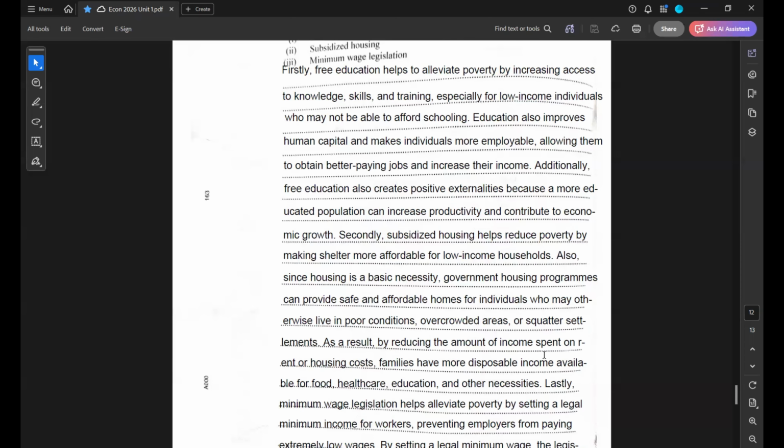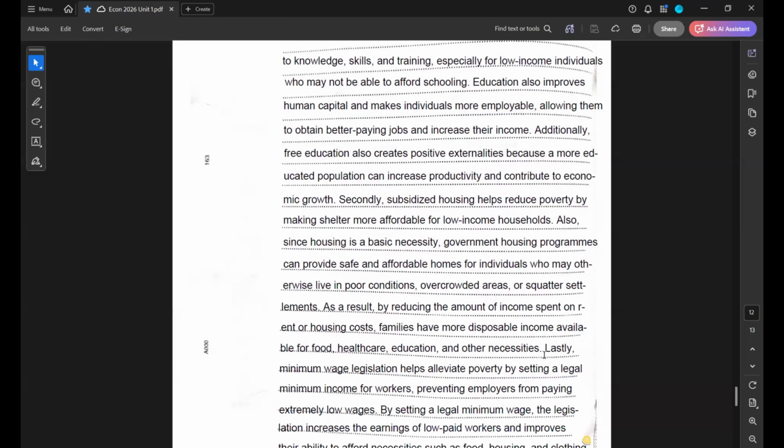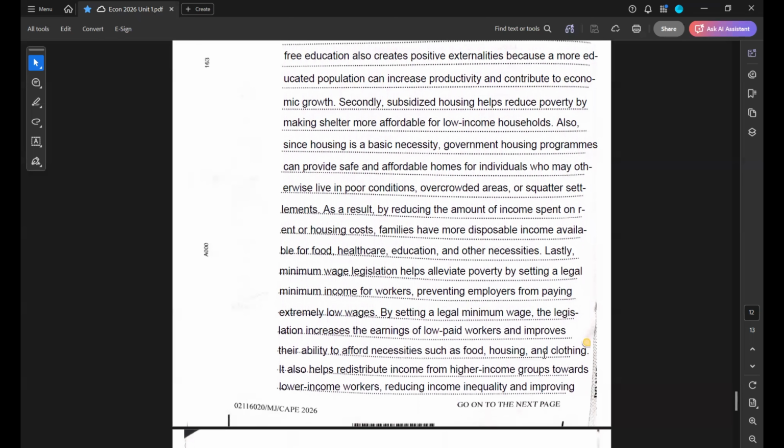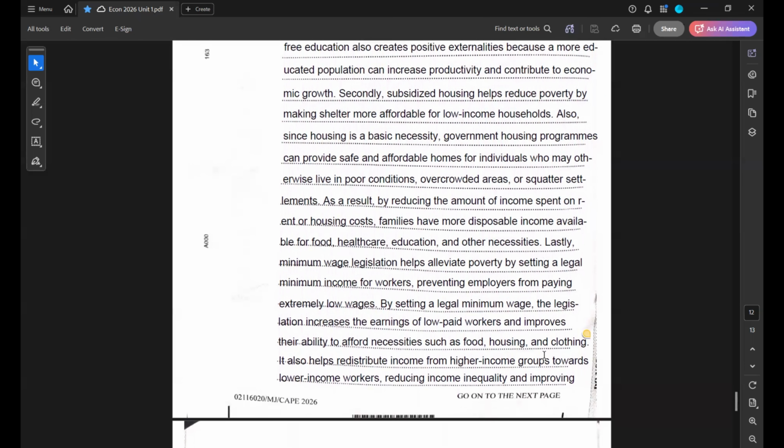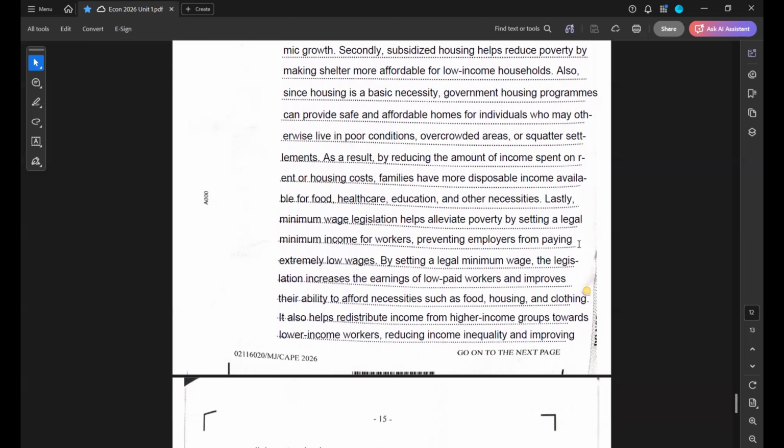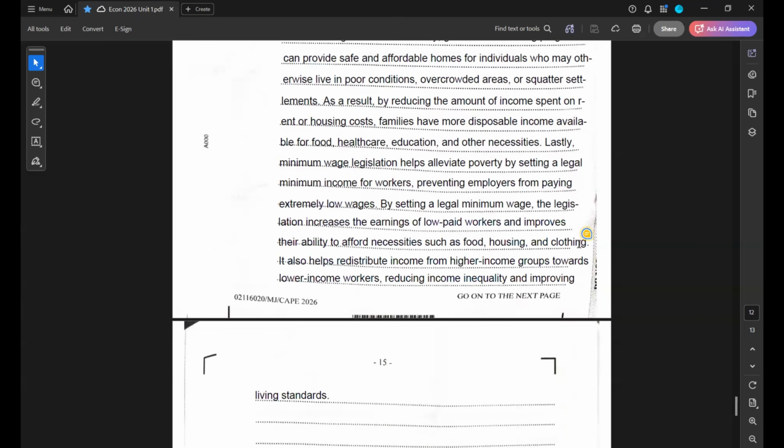Lastly, minimum wage legislation helps alleviate poverty by setting a legal minimum income for workers, preventing employers from paying extremely low wages.